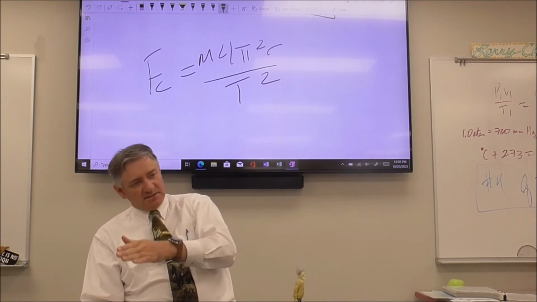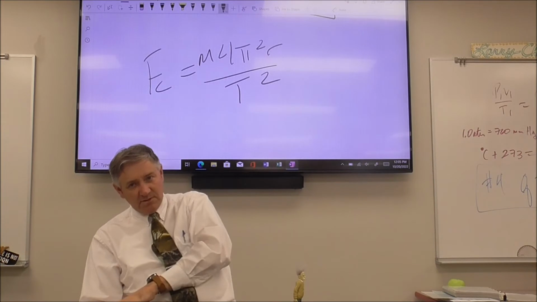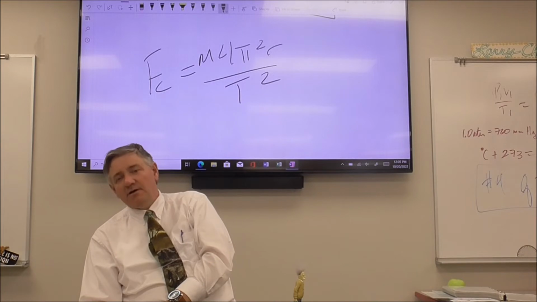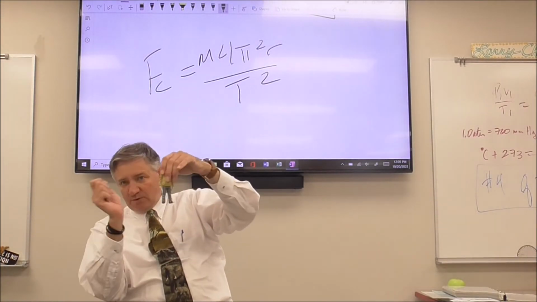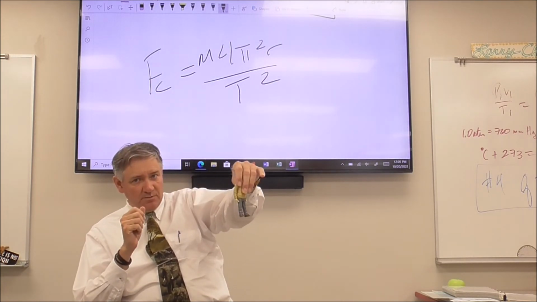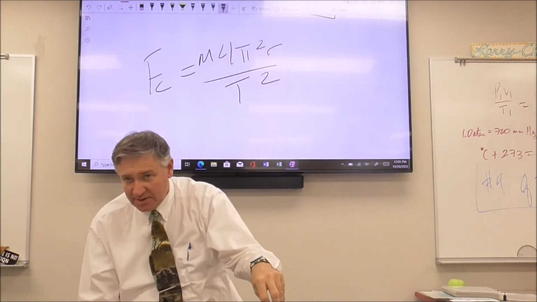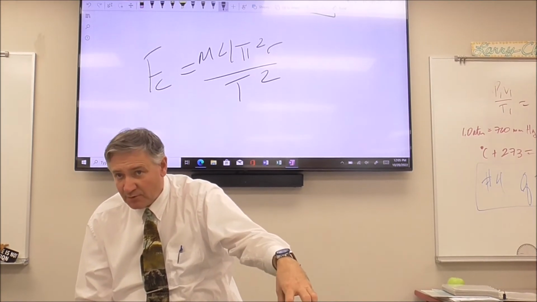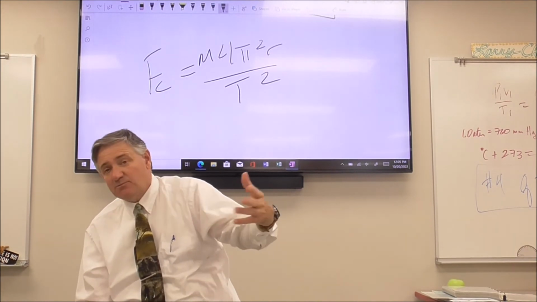So as he goes to the outside, he needs more and more centripetal force to allow him to travel in that circle. If we had a rope tied to Al and we were swinging him around, there would be more and more tension on that rope as Al got farther to the outside. If we were using the Acme dehydrated gravitational hole, that gravity would have to provide more force as he went towards the outside. But since it's friction, we just need more and more friction.